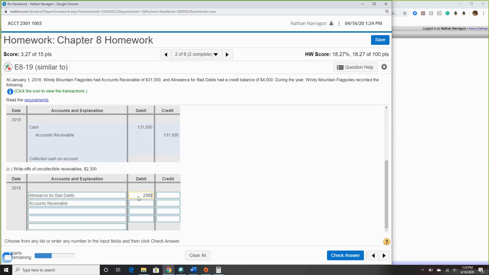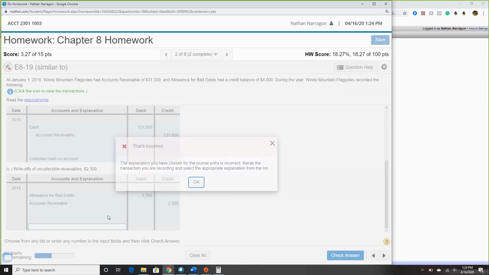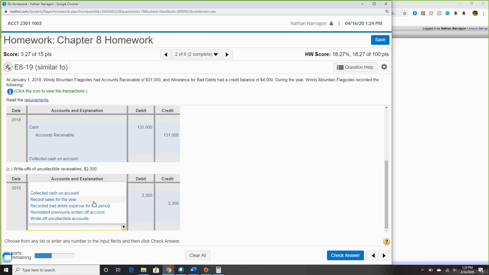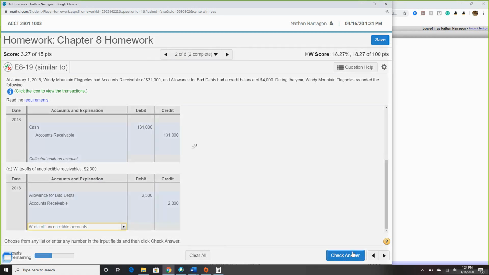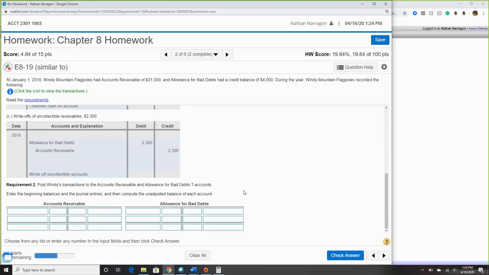Receivable, explanation, go, boom, here, getting the, this was 31,000, this was 4,000, then we should have print sales, collections, and then write-off.